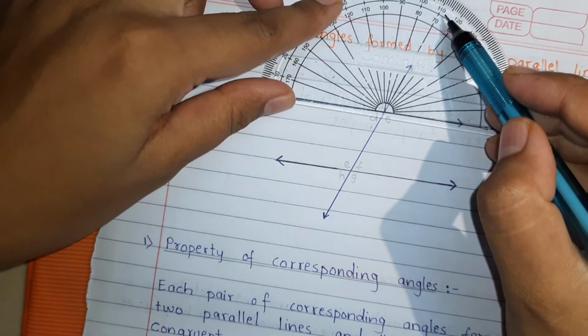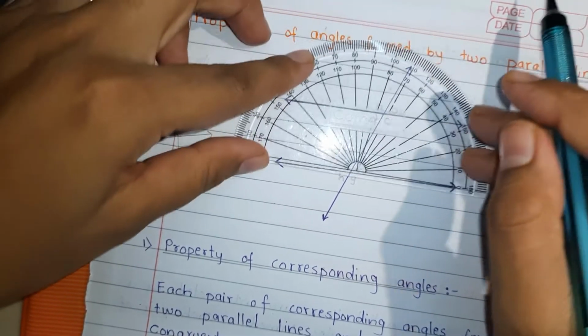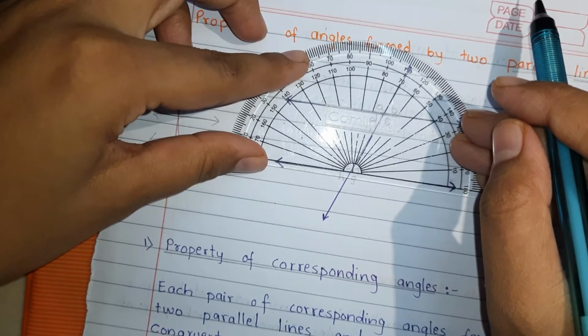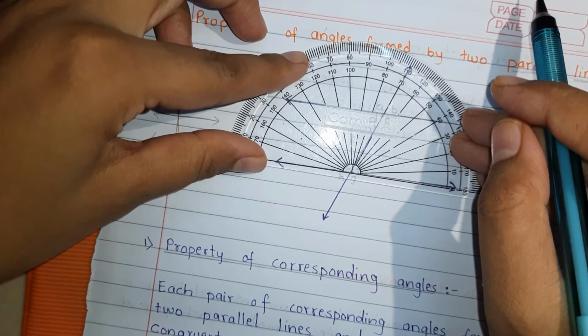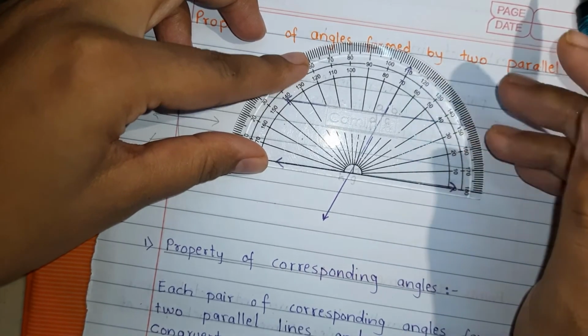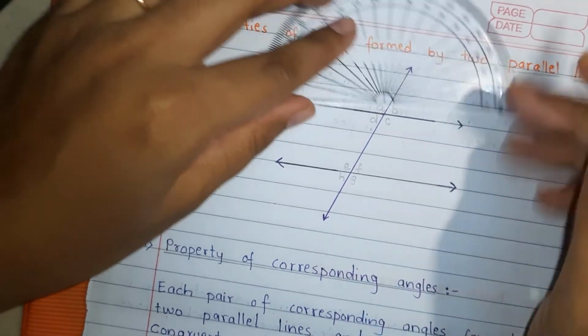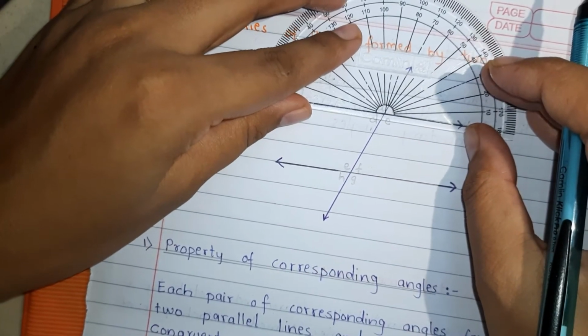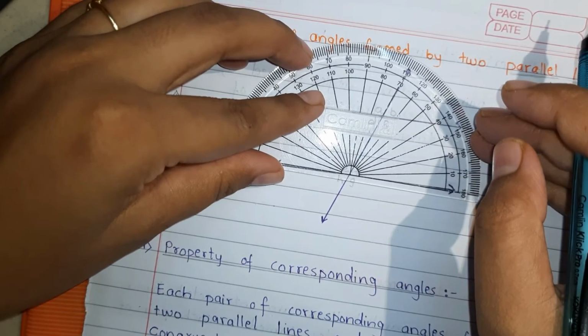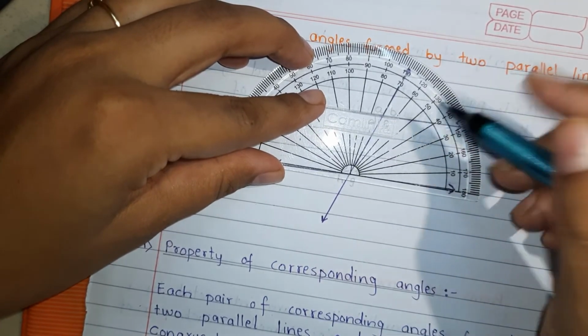See, it is 110 degrees. And what is the measure of angle E? Angle E is also 110 degrees. Now, if we measure angle B, B is 70 degrees and F is also 70 degrees.